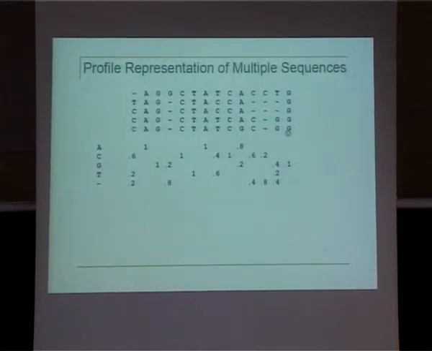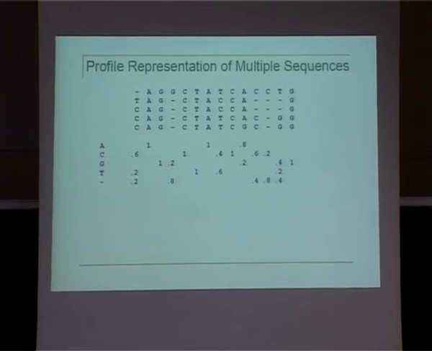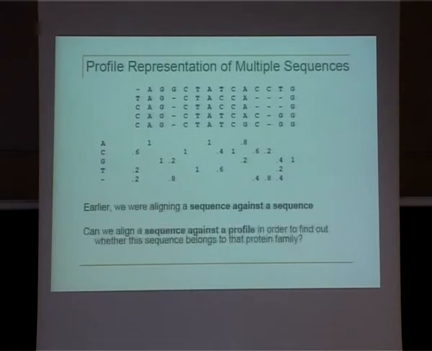It's 90% similar to the last sequence, but just missing an A at the second position. Would you want to rule that sequence out of this family or not? Probably not. So we are going to see how we can extend this profile representation to account for such differences. But you understand what the profile is, right? At every position, we have a distribution of amino acids. So this is our simple profile representation.